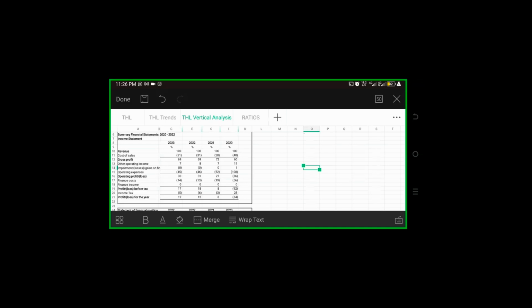It means that for every 100 naira revenue made in 2020, 40 naira was spent on direct expenses.